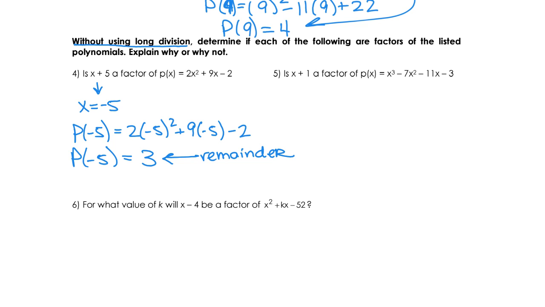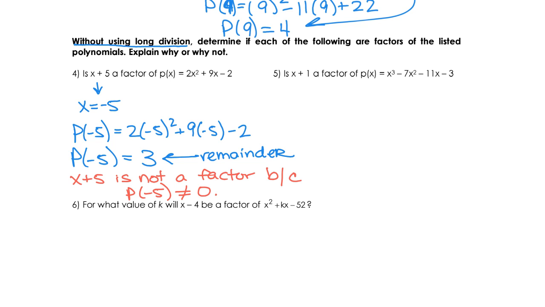We would not be able to factor this, or if we could factor, it wouldn't be x plus 5 as one of them. And so now we can go ahead and say that x plus 5 is not a factor because p of -5 doesn't equal 0. And that's how we know, okay?